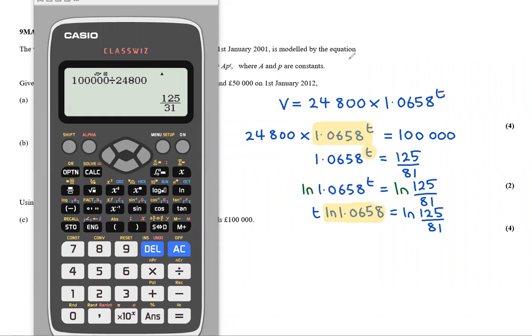If we go to the calculator, I take the natural log of my answer here, so I've already got 125 over 31, natural log of my answer. That's the value on the right-hand side of the equation.